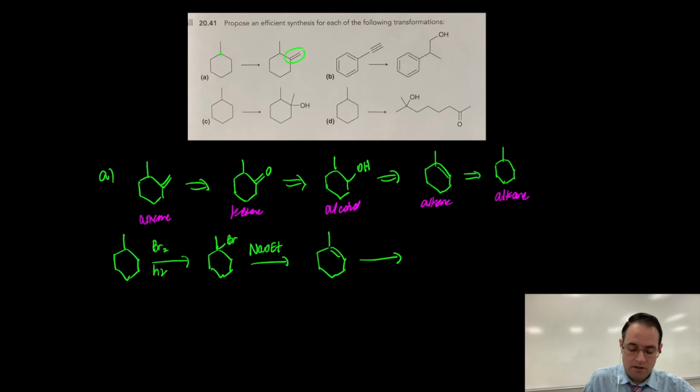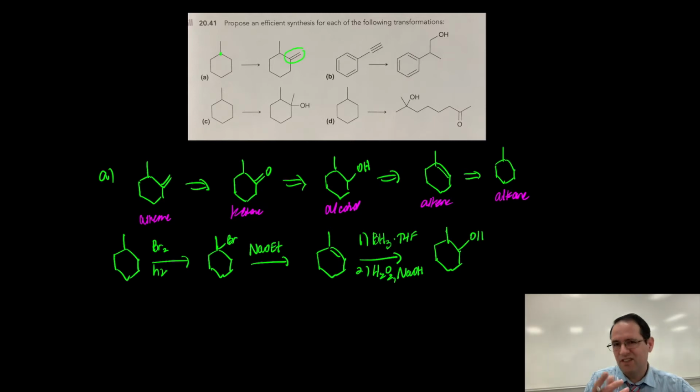Now I need an alcohol. I need the anti-Markovnikov alcohol, so I'm going to add borane THF, basic hydrogen peroxide. I'm not going to draw the stereochemistry there.